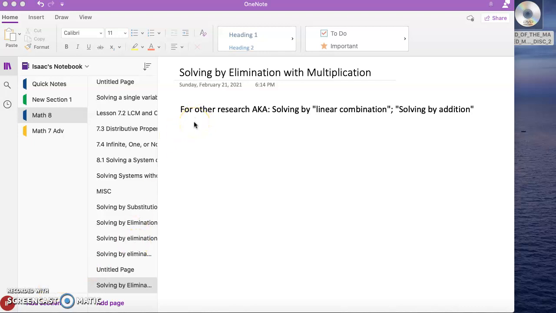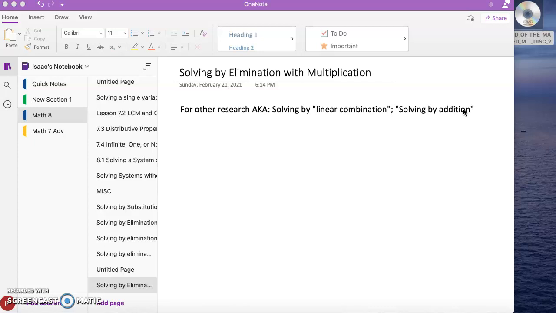Now, the first thing that you should write down in your notes, just in case you're still having a hard time by the end of both of these videos, is that there are three names for this technique of solving systems of equations.